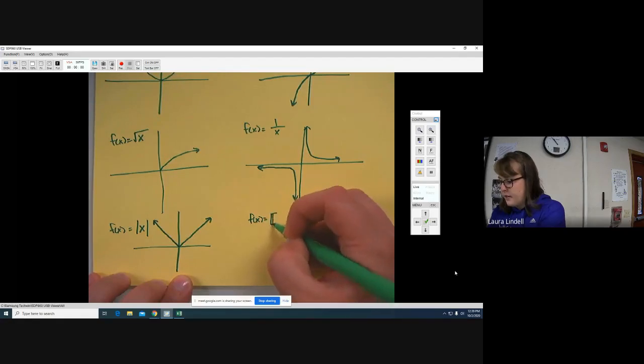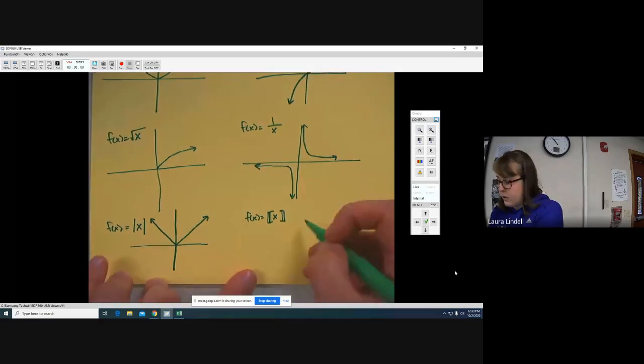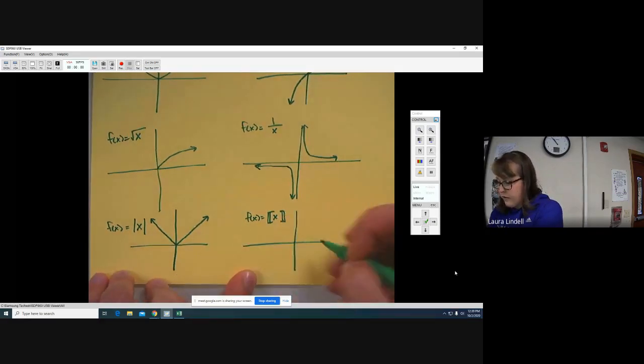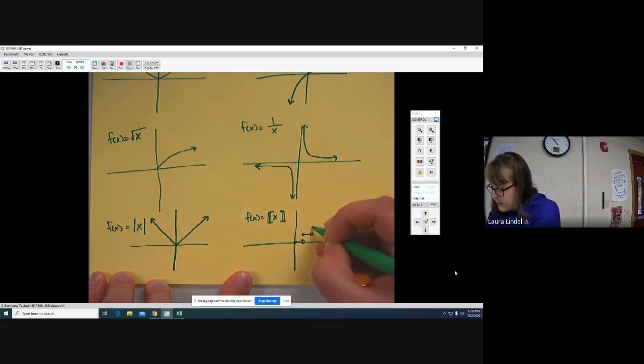And so the notation for that looks like this. If you're seeing it in a textbook, that's typically what it will look like. So that's our function where we've got a dot and then an open dot, and then we jump up a step and jump up a step and jump up a step.